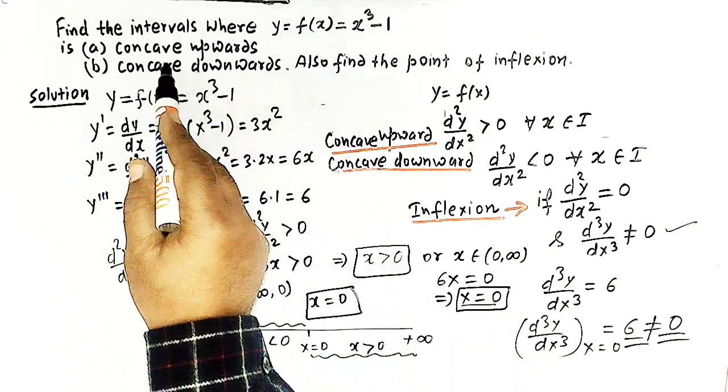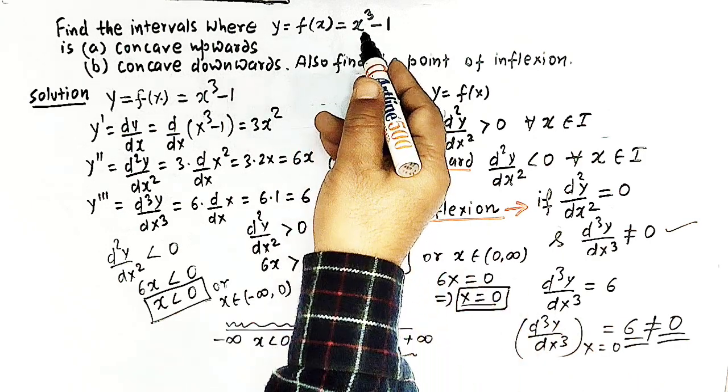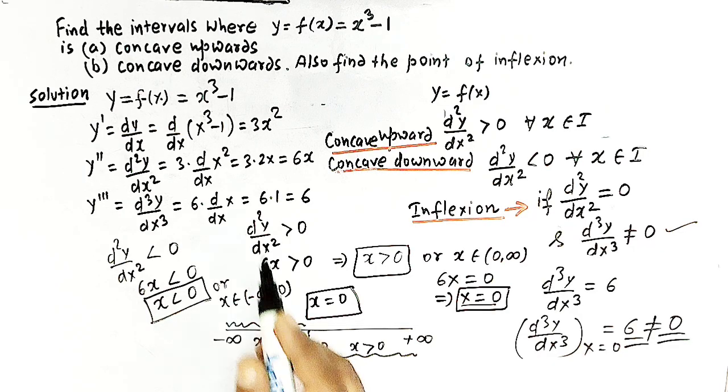So the given curve is concave upwards, that is x is greater than 0, and at this point x is equal to 0, this curve has the point of inflection, that is x is equal to 0 is a point of inflection. So this implies that the concavity changes when we go from x less than 0 to x greater than 0, or from x greater than 0 to x less than 0.